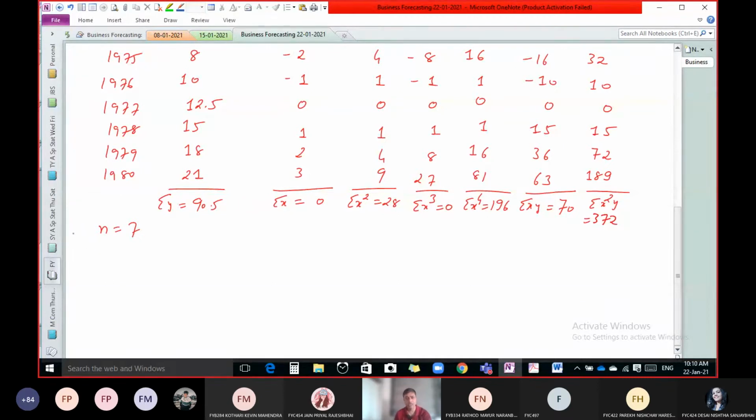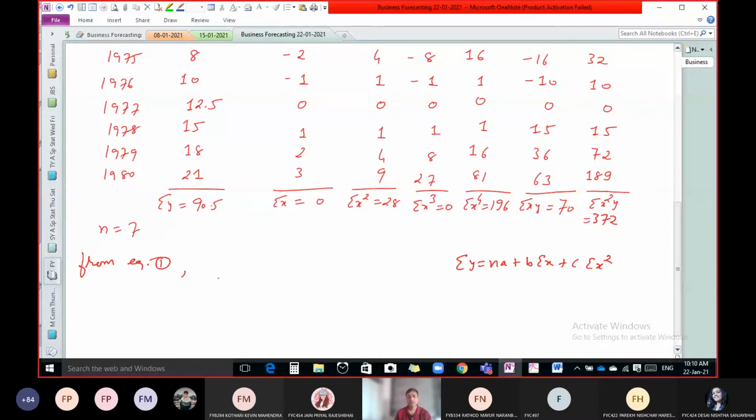And now use the equation from equation 1. Our equation 1 is something like this: sigma y equal to na plus b sigma x plus c sigma x square.